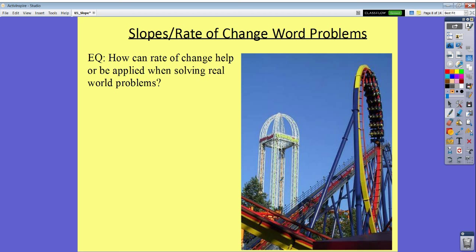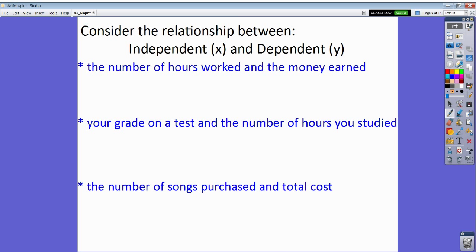So in order to solve these, we have to first be able to determine what is the independent and dependent variable. It's very simple. Dependent will always depend upon whatever the independent variable is. So in this first relationship, we have the number of hours and we have the money earned. So the money earned is dependent upon the number of hours.